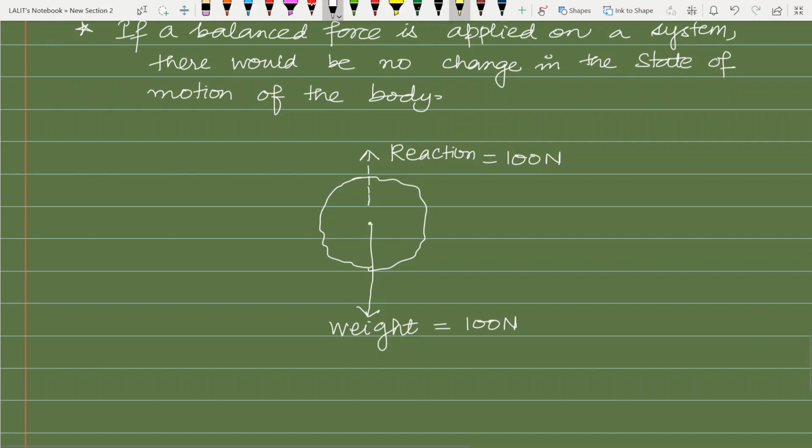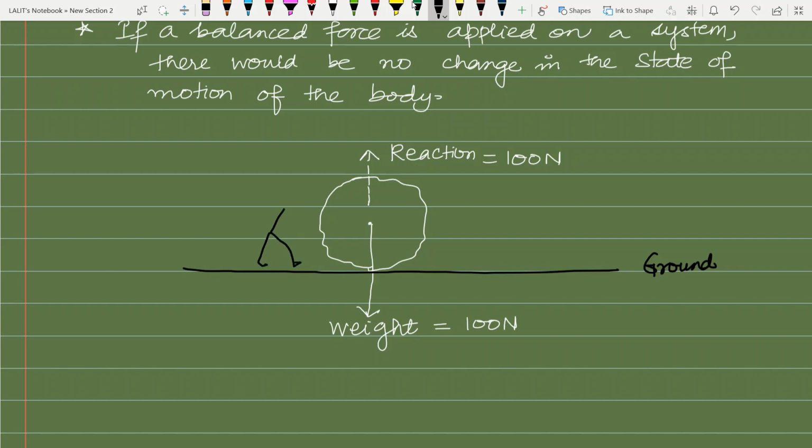We have the ground, on which the rock has been placed. So this is the ground, and you are pushing the rock with a greater force now.